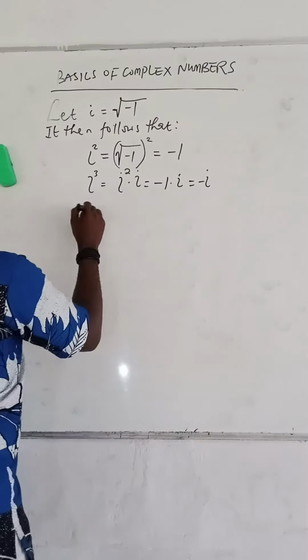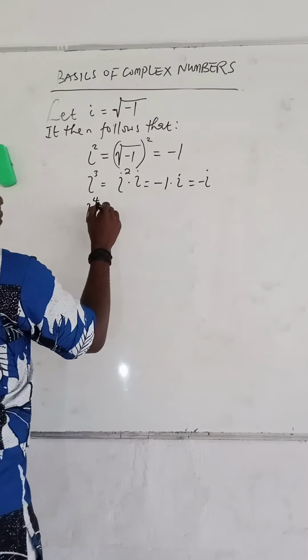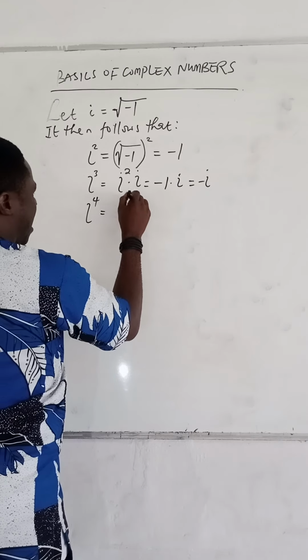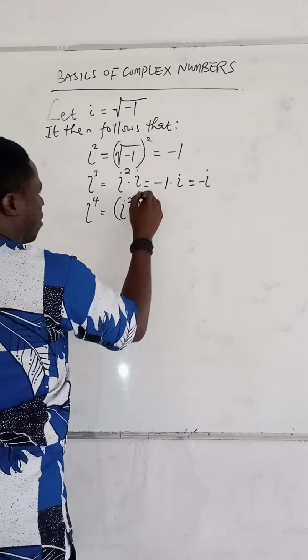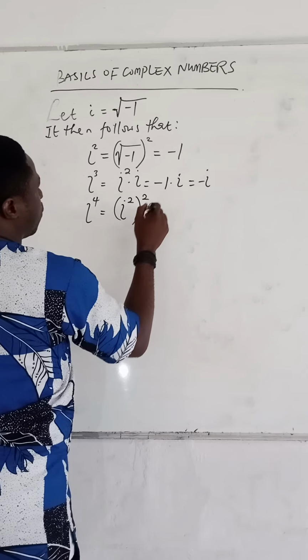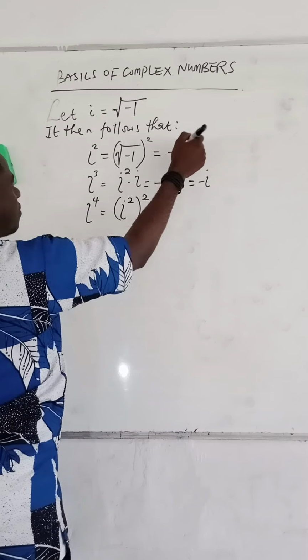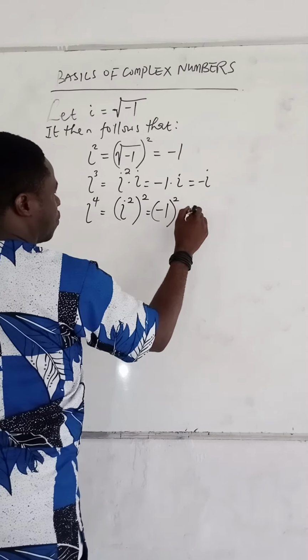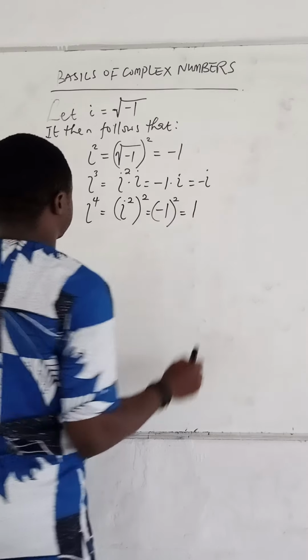It also follows that i raised to 4 equals i squared all squared, where i squared is minus 1. So minus 1 all squared equals 1.